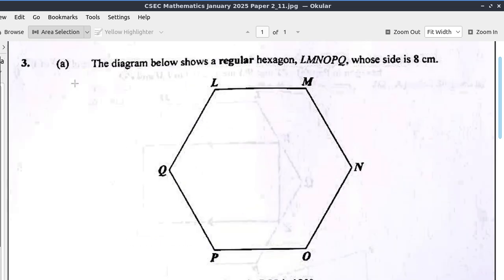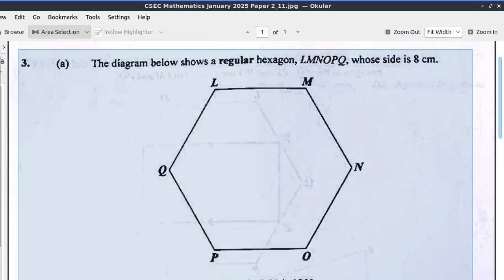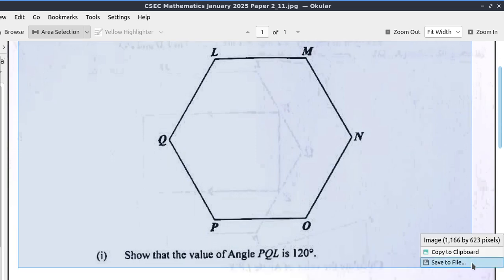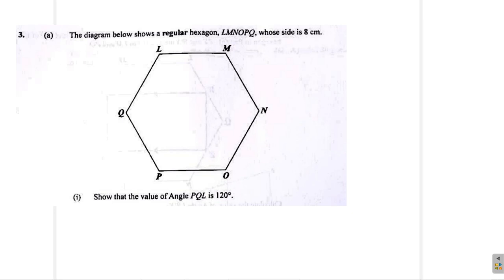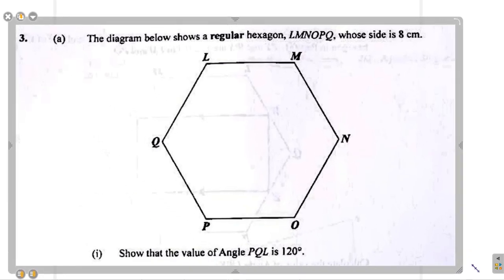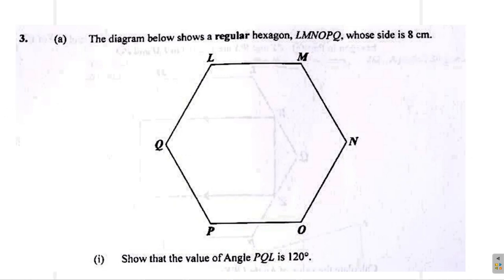PQL. Alright, so we just copy it, paste it over here. When it comes to this situation, if we know the total internal angles of the hexagon, all we have to do is divide it by 6.